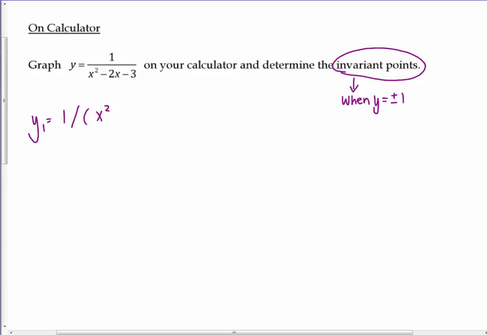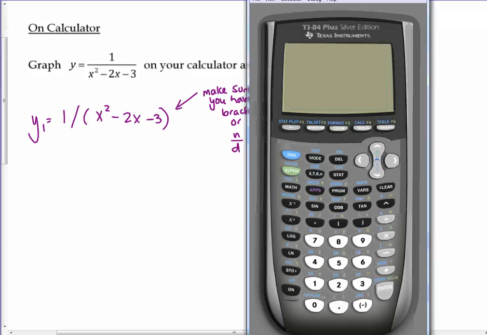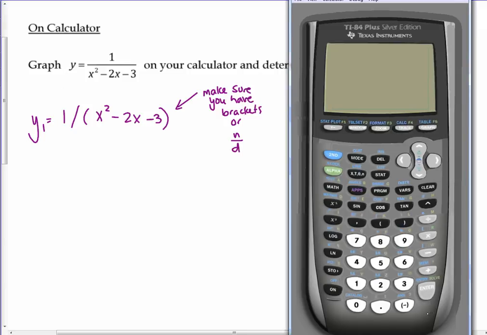We're going to type this into y1, our function. 1 over, make sure you have brackets, unless you have a fancy calculator that can do numerator over denominator. If you have numerator over denominator, life is good.